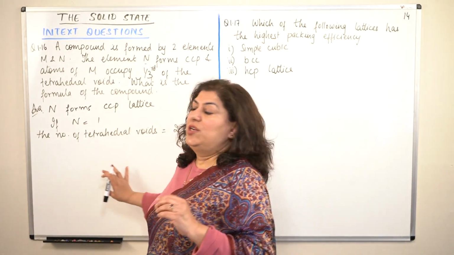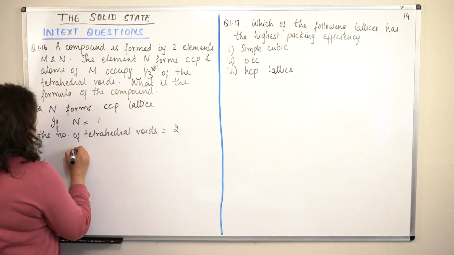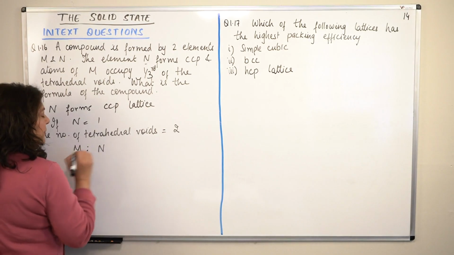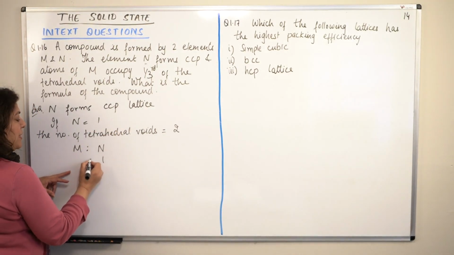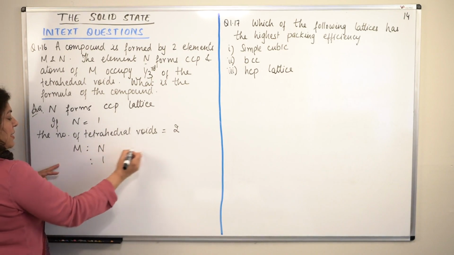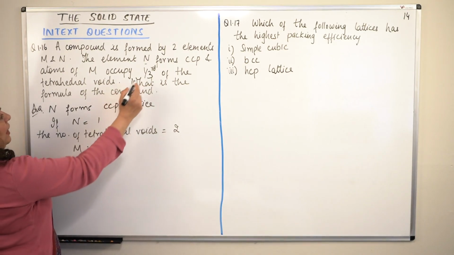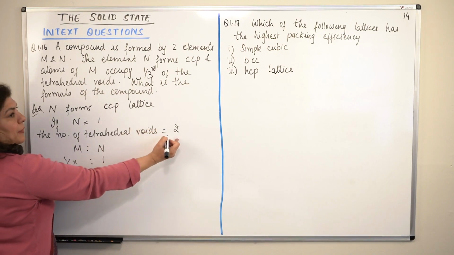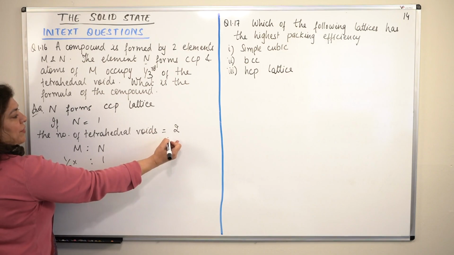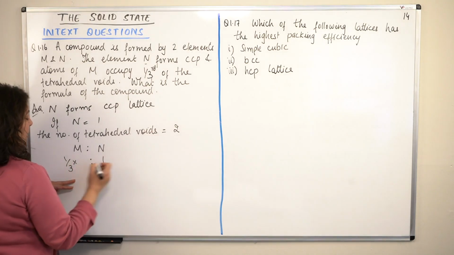Now let us take the ratio of the two. This is M is to N. If N is 1, then what is M? M is 1/3 of the tetrahedral voids. What is the number of tetrahedral voids? 2.